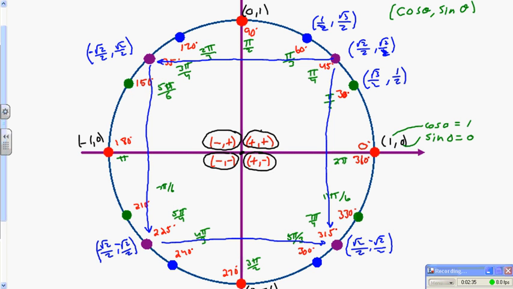So if I go to 60 and reflect over the y-axis, now I'll have 1/2 and root 3 over 2. But again, since I'm in the second quadrant, x is negative. If I reflect to 30, I'll have root 3 over 2 and 1/2.